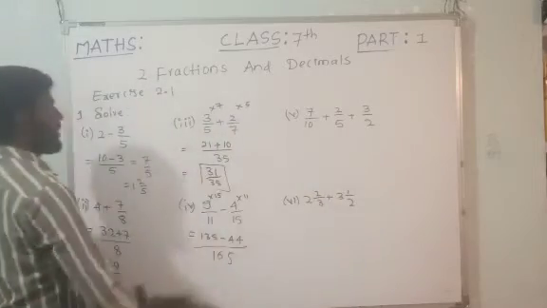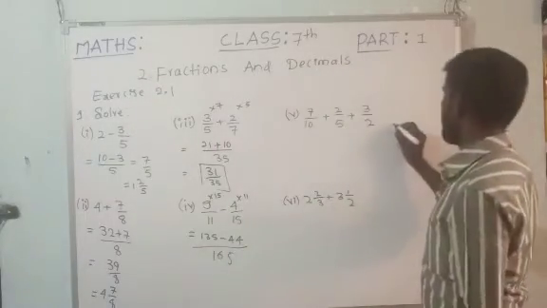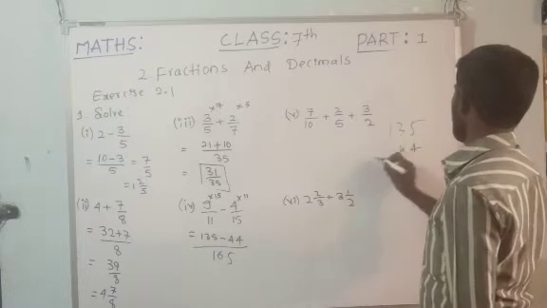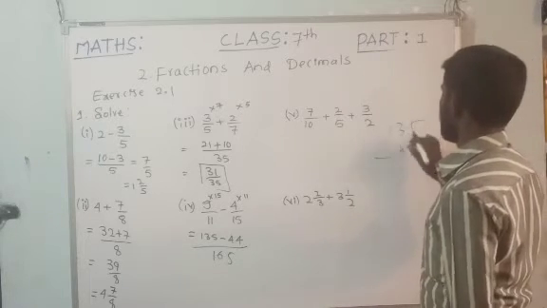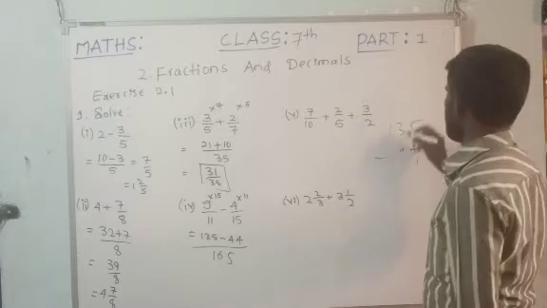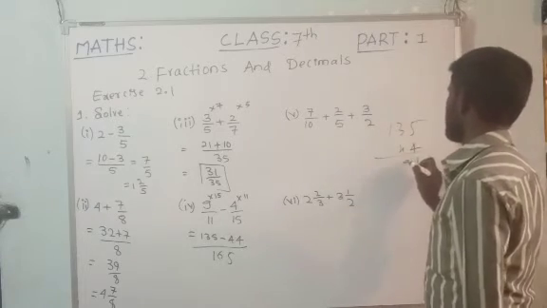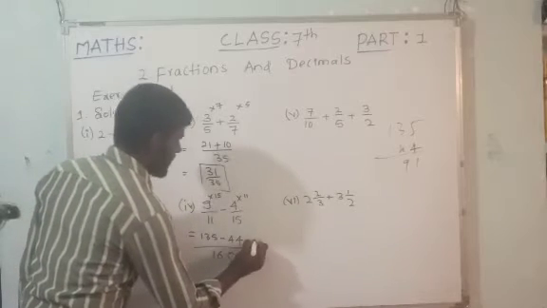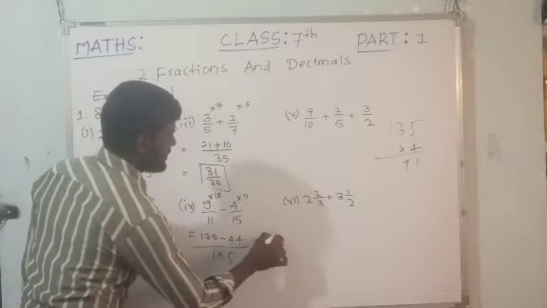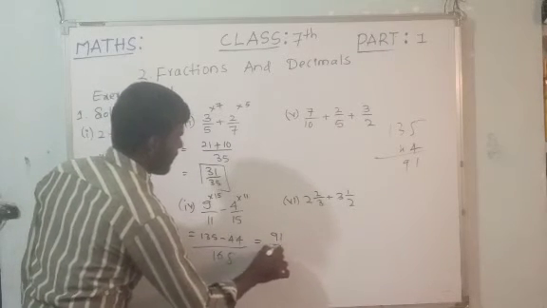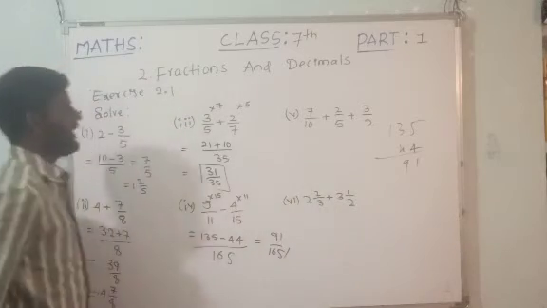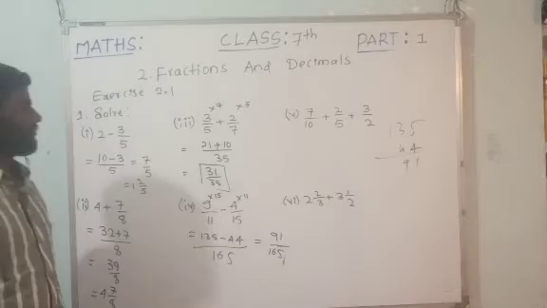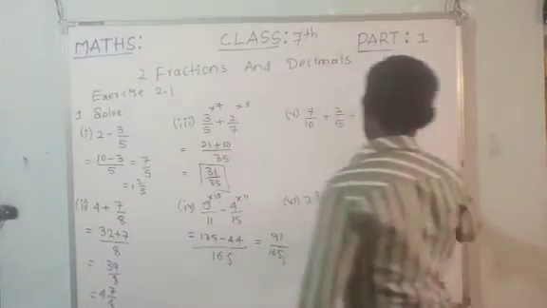Then dear children, subtract 135 minus 44. 5 minus 4 means 1, 13 minus 4 means 9. That's why this answer, dears, is 91 by 165. 91 by 165, this is the answer.